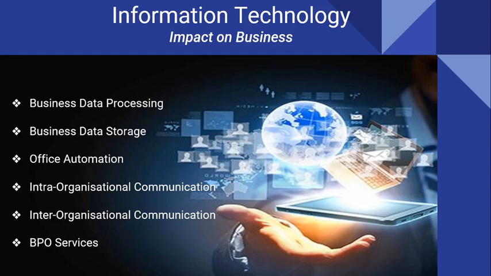Office automation implies everything starting from biometric recording of staff attendance, computerized accounting of business transactions, then maintaining various official records, and maintaining the office in a well-structured and well-organized way.